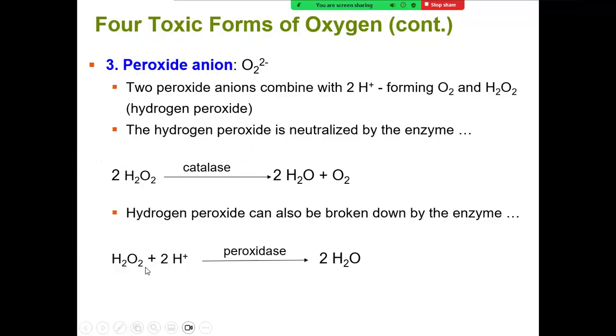Peroxidase can once again take hydrogen peroxide, combine it with two hydrogen ions in the presence of peroxidase to make two molecules of water. So you're converting the substance from a toxic substance to actually a beneficial substance. Any question about any of that?